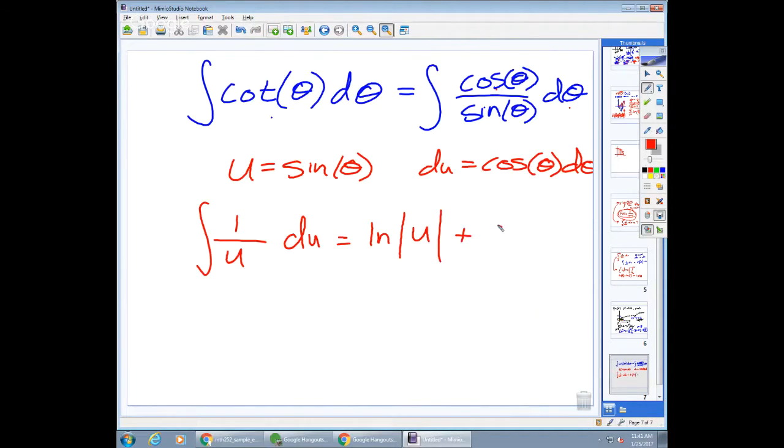Try not to forget about that absolute value. And then reverse substituting, I get an antiderivative of the natural log of the absolute value of the sine of theta plus c. Now, if this were the test, are you done?